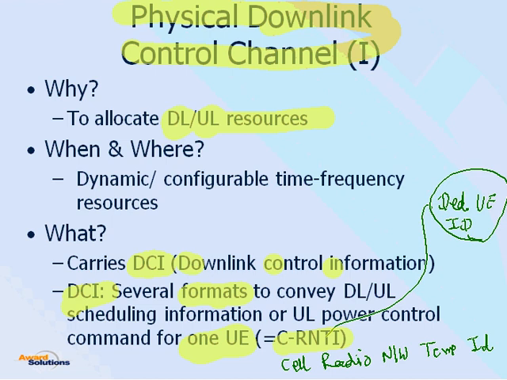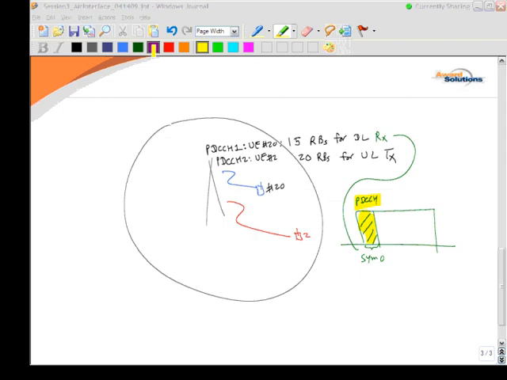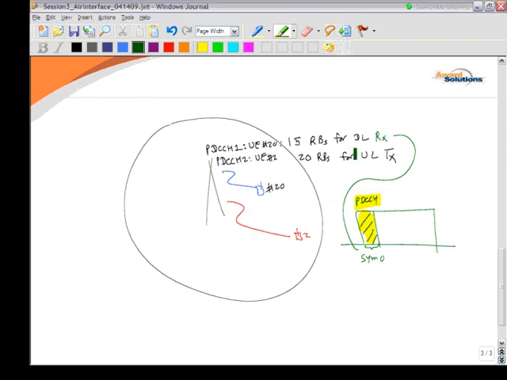So when I convey the allocation to the users, let's say I want to convey an uplink allocation to user number 2. So I will have this control channel. I will send DCI format 0. Okay. So I am giving 20 resource blocks.